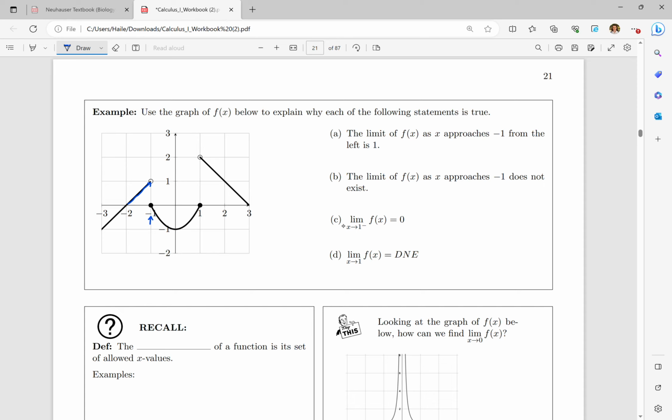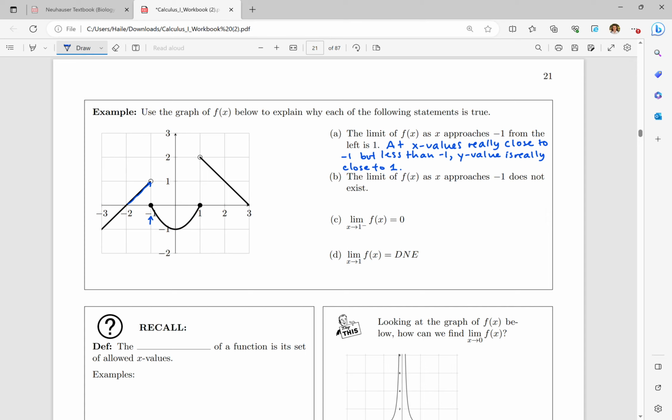So we say at x values really close to -1, but less than -1, the y value is really close to 1.